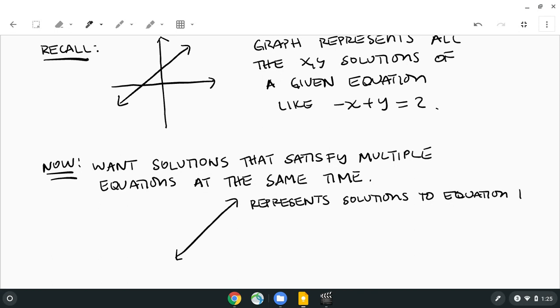So that's great. But again, we are looking at more than one equation, and we want to know the x and y solution that satisfies both of them. So maybe this line represents the solutions to our first equation, and then maybe this line represents the solutions to our second equation.